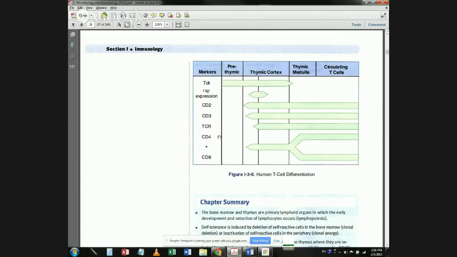And it seems like TCR, CD4, and CD8 is expressed here. Everything's expressed, even CD2, 3, 4, 8, and TCR are expressed throughout thymus, but RAG is only expressed in the cortex, and TDT only until the thymus cortex, also in pre-thymus.